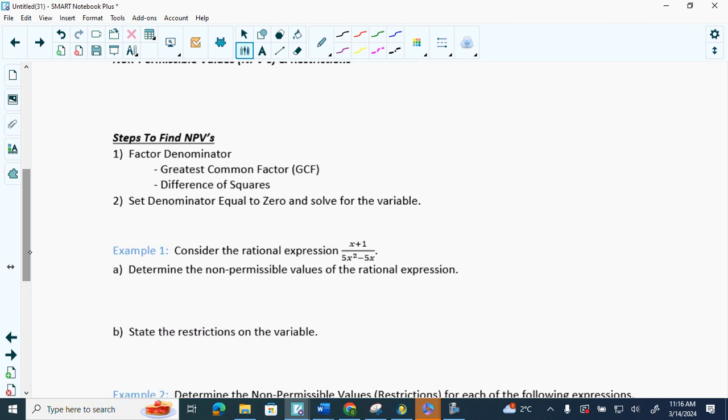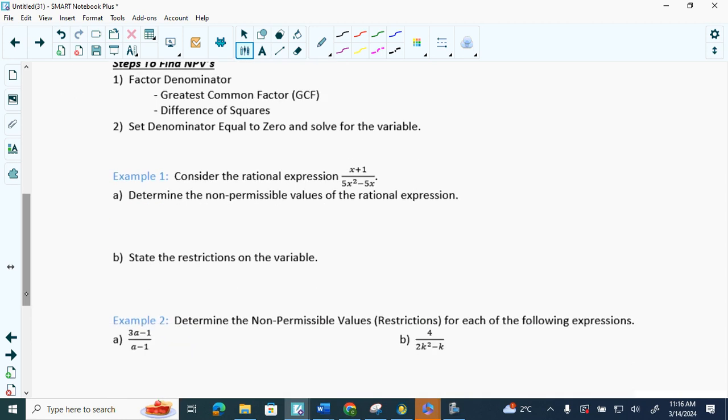Because you had fractions, which would be like 7 over 4. Can the denominator be 0 if it's 4? No problems, correct? When do problems happen? Problems happen when I start putting variables in your denominator, such as this: x plus 1 over 5x squared minus 5x.